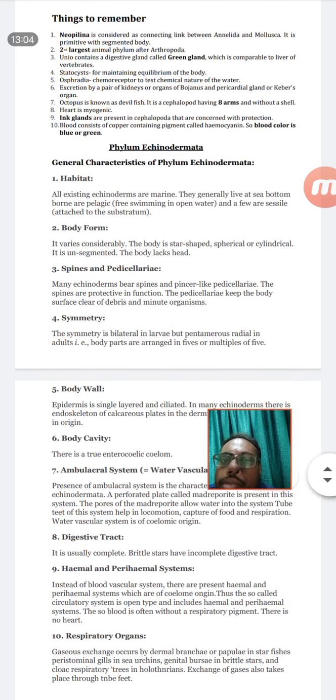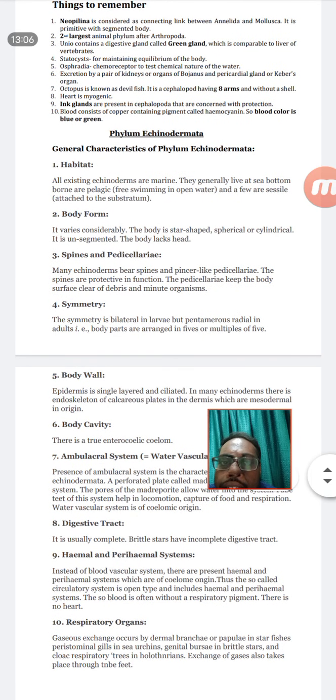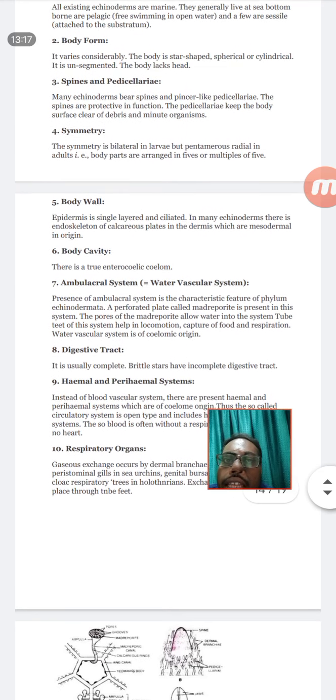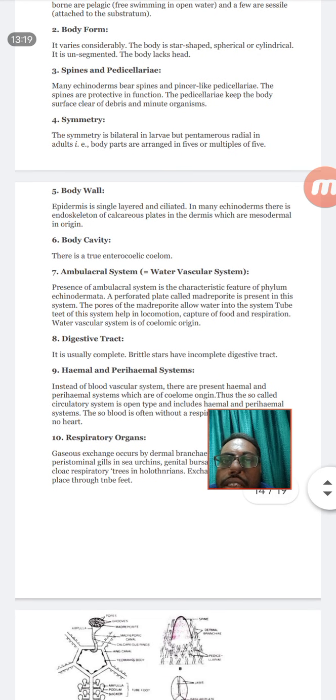In some of them, larvae are bilateral in nature, but the adult is radially symmetrical. And the body wall has some ciliated structures, they have a body cavity, and they have a very good water vascular system. That means the water will enter into the system and move out.